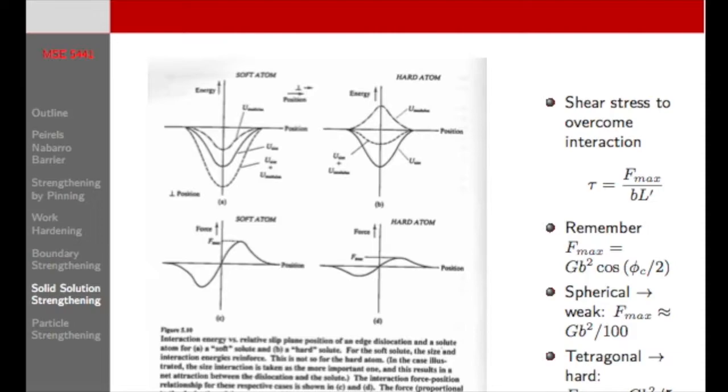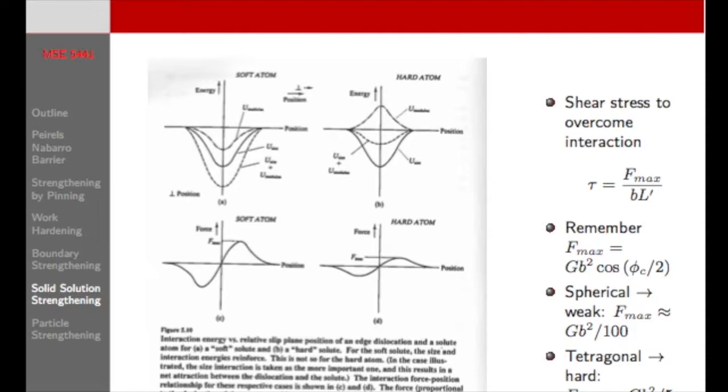Now, if we put in a stiffer atom, we now have a positive modulus effect and a negative size effect. So we get overall less strengthening when we add those two energies together.